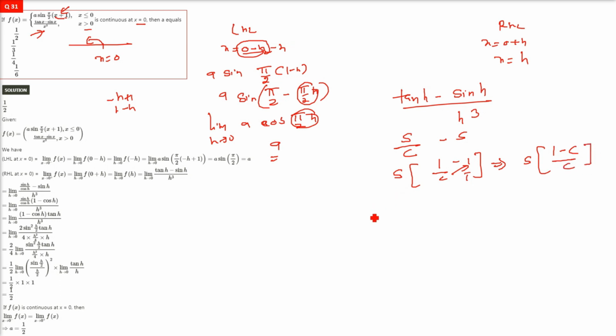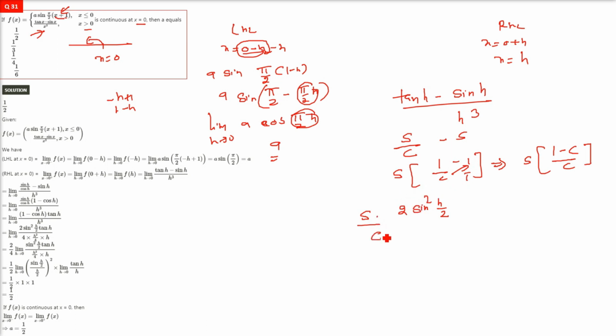Okay, sine by cos you can write it as tan. And 1 minus cos theta is 2 sine square theta by 2. So you can write 2 sine square, what is theta here? h. So 2 sine square h by 2. And since we already have this cos in the denominator, sine and cos is tan.